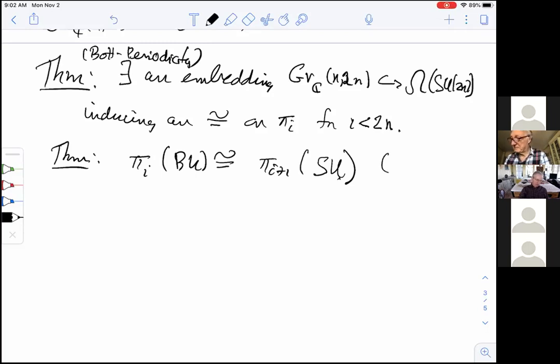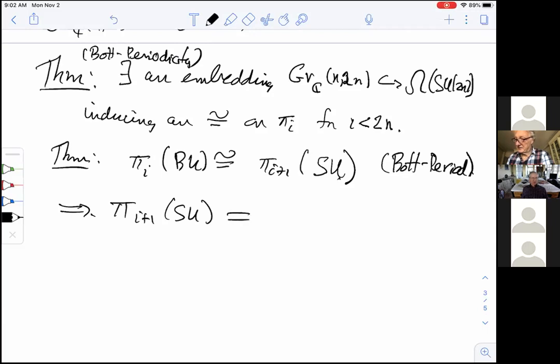So this is the usual form of Bott periodicity, because it implies that pi i plus 2 of SU is pi i minus 1 of U.